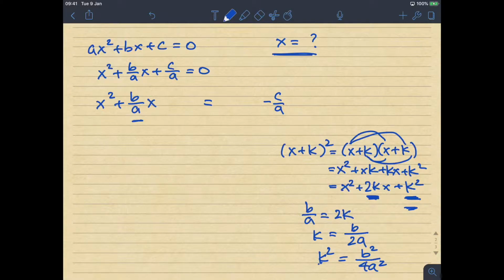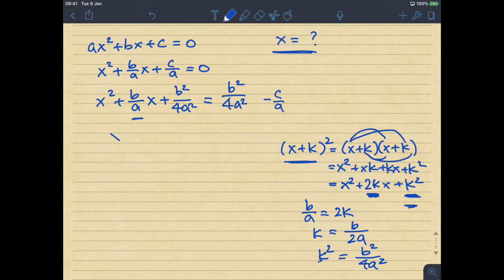So we want to complete the square by adding k squared here, which is b squared over 4a squared. And what you do on the left hand side of the equation, you must do the same on the right hand side. So I will write the same here, b squared over 4a squared. Now I've added this, I can simplify the left hand side into this format.